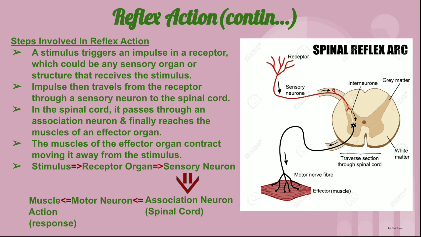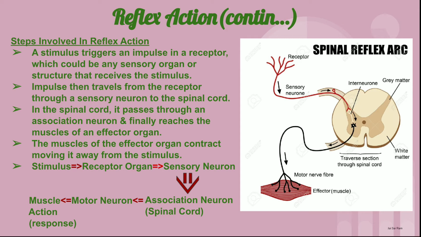In the spinal cord, it passes through the association neuron and finally reaches the muscles of an effector organ. The muscles of the effector organ contract, moving it away from the stimulus. So stepwise: the stimulus, then the receptor organ, then the sensory neuron, and via the sensory neuron it is transferred to the association neuron within the spinal cord.